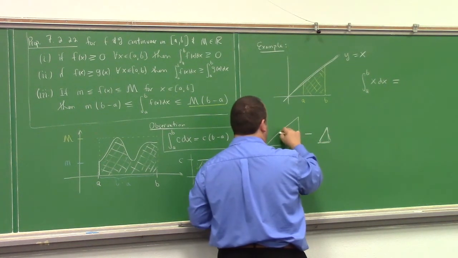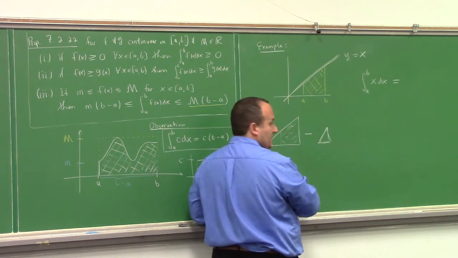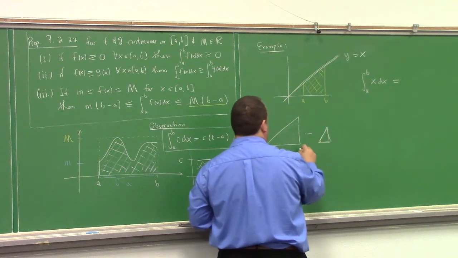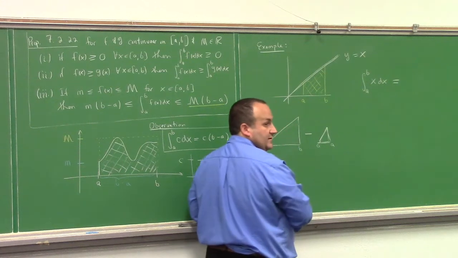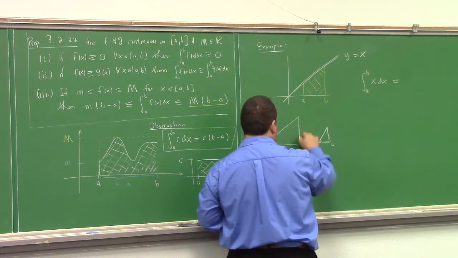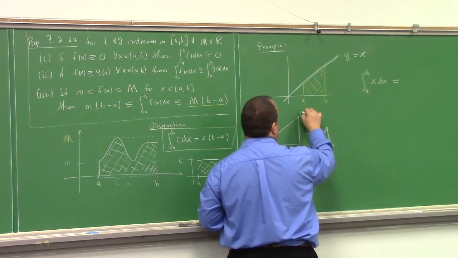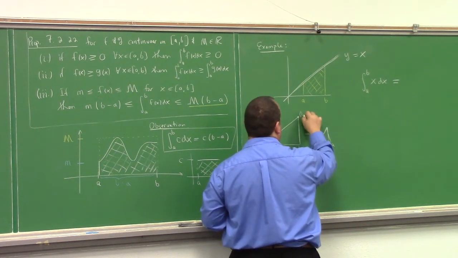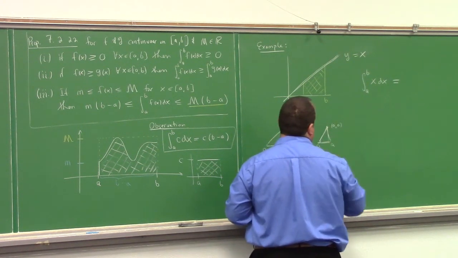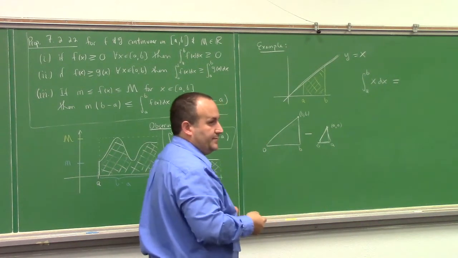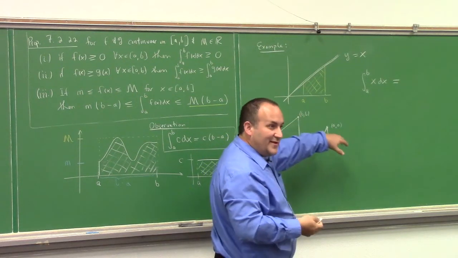The region's actually this guy right here. So this is 0, this is b, this is 0, this is a. What's the height of this one? This point up here, that's b, and this point right here technically is a. Anyway, my point is that the height of this triangle is b, the height of that triangle is a.